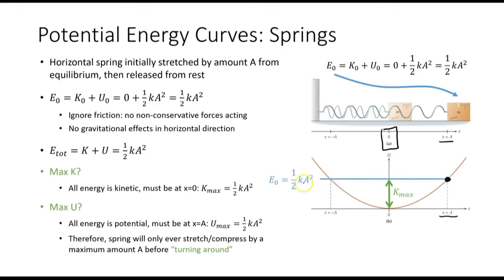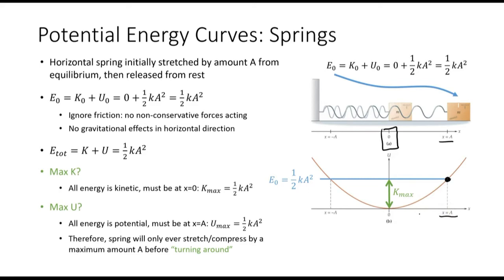And now we know that since the total mechanical energy isn't changing at any moment in time, so for any position in the x direction, the spring will have constant total mechanical energy equal to the value of the blue line. And so that's always going to be equal to the potential plus the kinetic energy. And so in other words, the kinetic energy is the amount that stretches from the blue line to the red curve, and the potential energy is the amount that stretches from the x-axis up to the red curve.